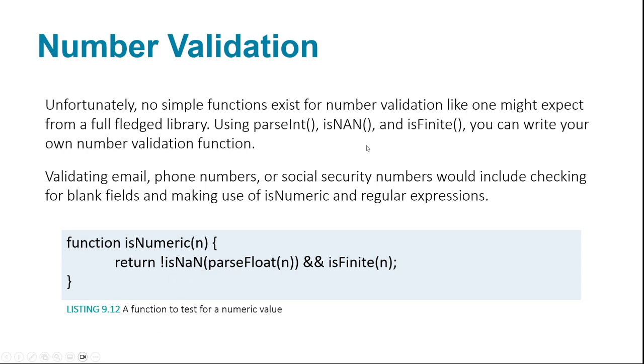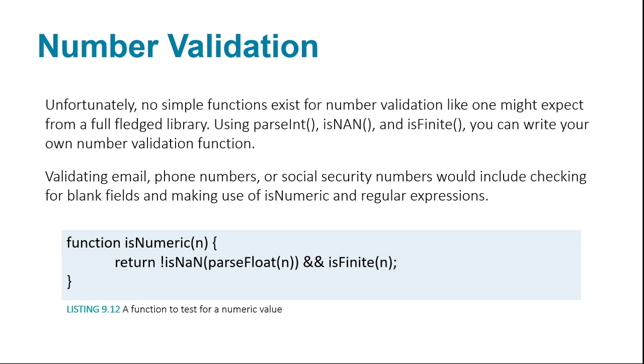And then for validating things like phone numbers and social security numbers, you're going to use that isBlank one that we looked at. You're going to use something like this to check if it is numeric, and then you're also going to do some other checks.